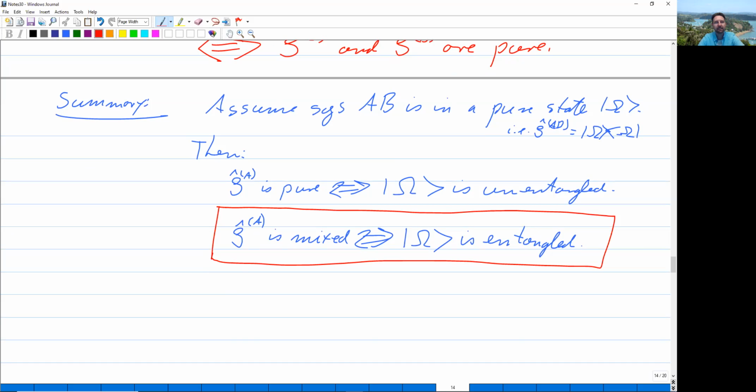So what we see is that mixedness turns into entanglement, and entanglement turns into mixedness when we change the Heisenberg cut from a smaller system to a bigger system. This is perhaps surprising, because classically it's not like that at all. Remember what it means that a system is in a pure state.